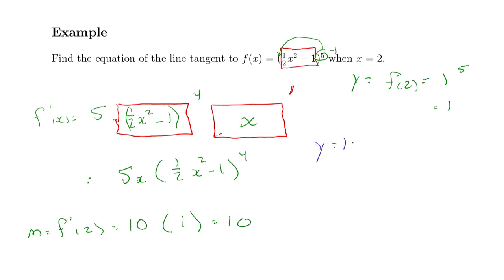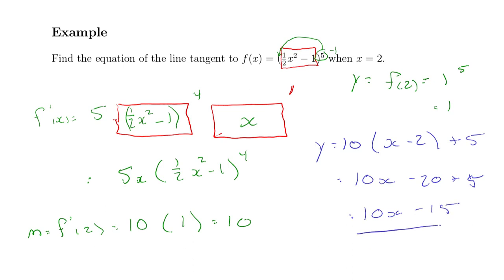I'll just start writing it in. 10 times x minus 2 plus 5. That's 10x minus 10. That's going to be, or sorry, that's wrong. 10x minus 20 plus 5. I should do multiple steps here. So that's really 10x minus 15. So there is our tangent line.